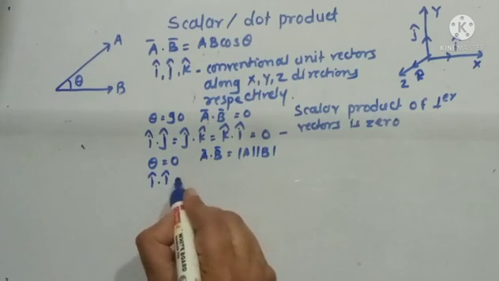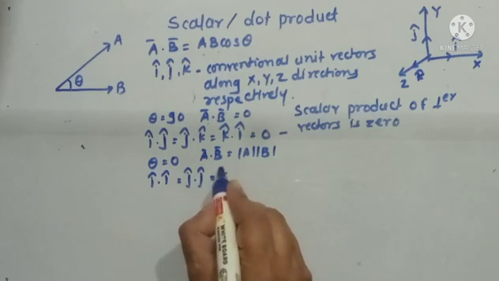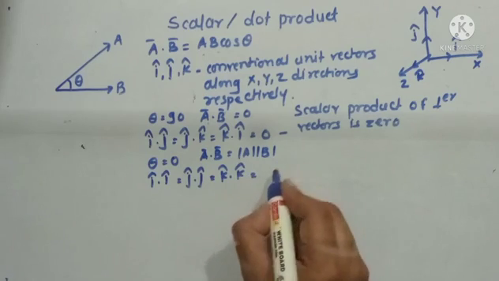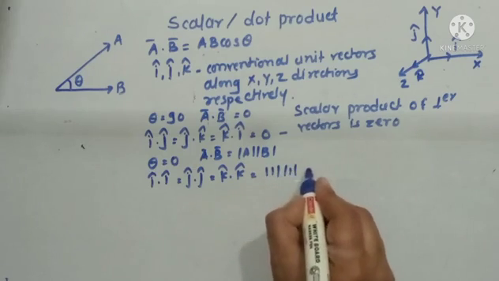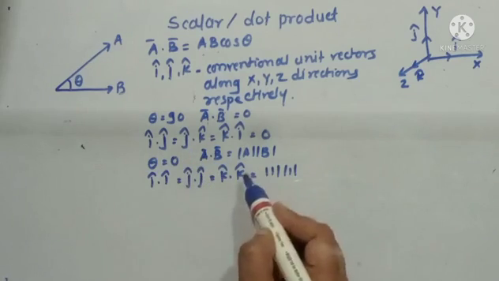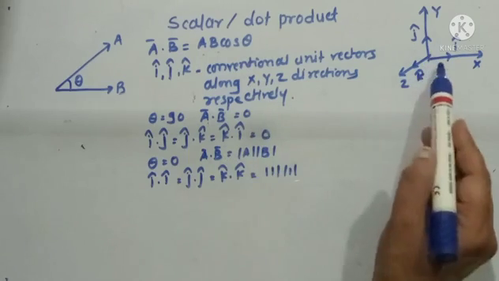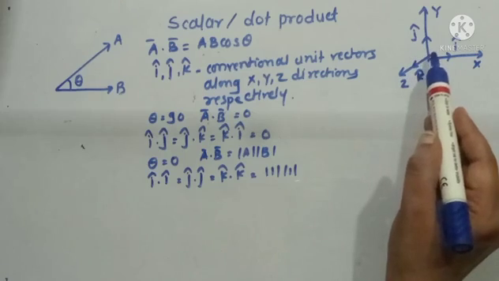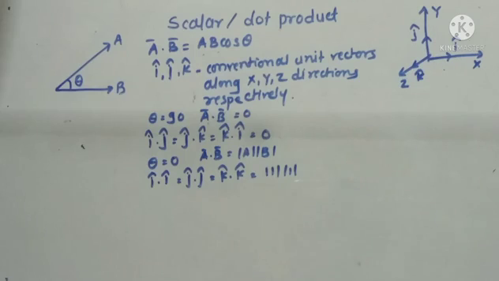If I take i dot i, j dot j and k dot k, we can write that it will be equal to 1 multiplied by 1, which is nothing but 1. So from this we can say that the scalar product of two mutually perpendicular unit vectors is 0, and the scalar product of a unit vector with itself is equal to 1.